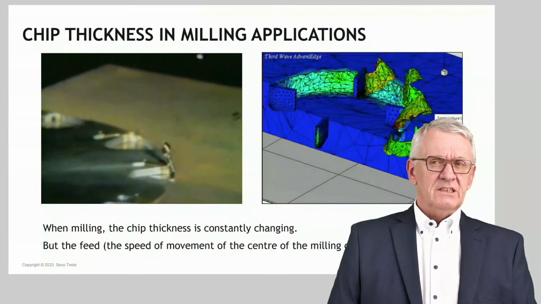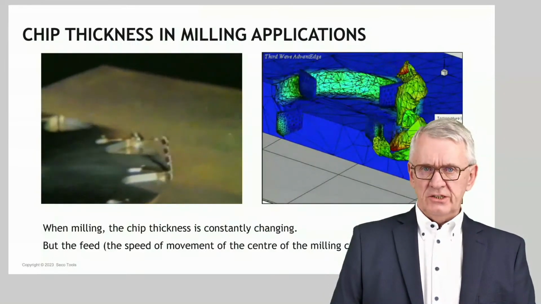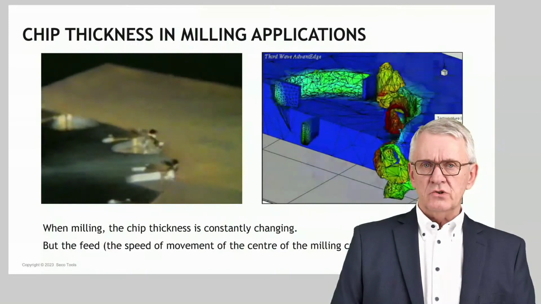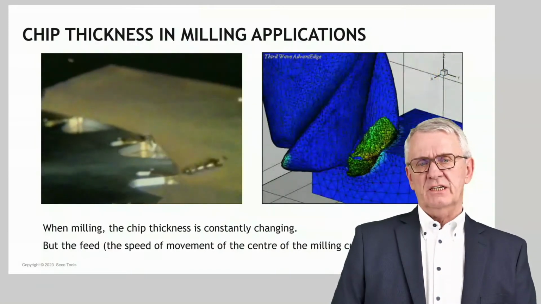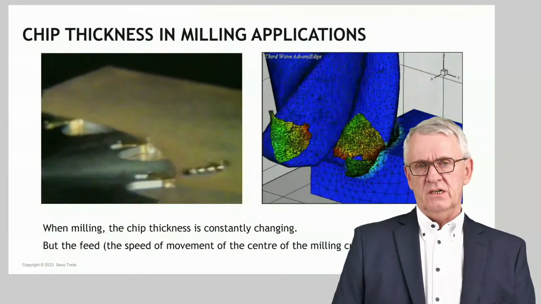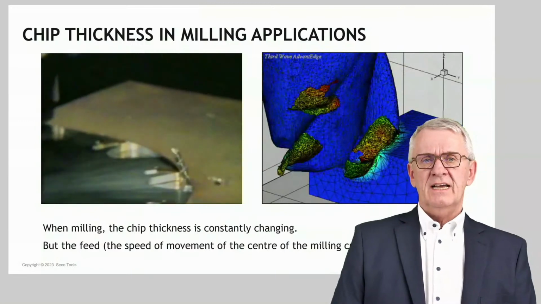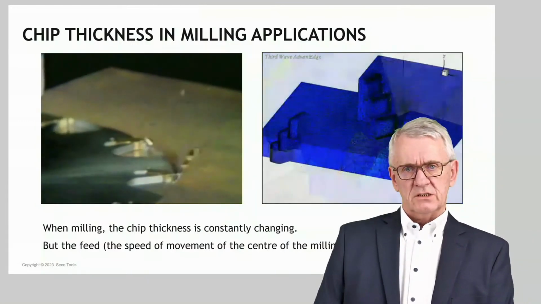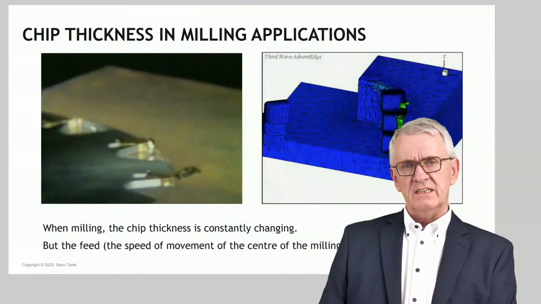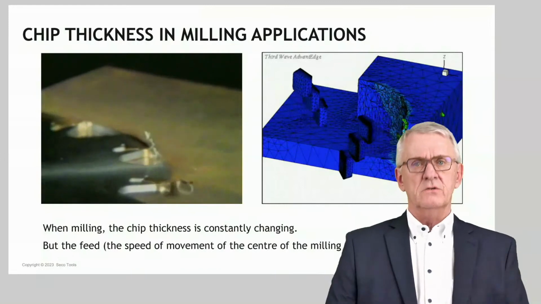Well, the thickness of a chip cut by each and every cutting edge is constantly changing. A cutting edge starts cutting, in the examples you see here, with a thickness of 0. Then the thickness of the chip is increasing. It reaches a certain maximum value. And then it's decreasing again to end up at 0 again, if the milling cutter is cutting over its full width.